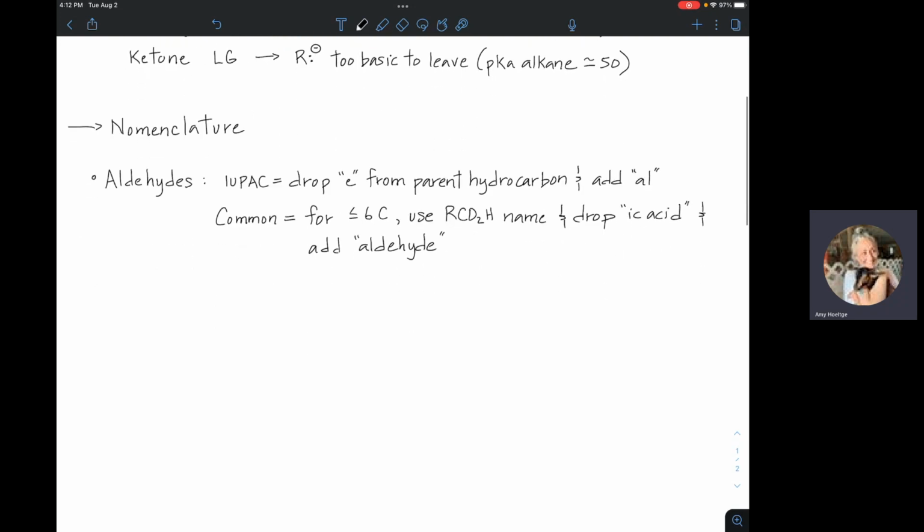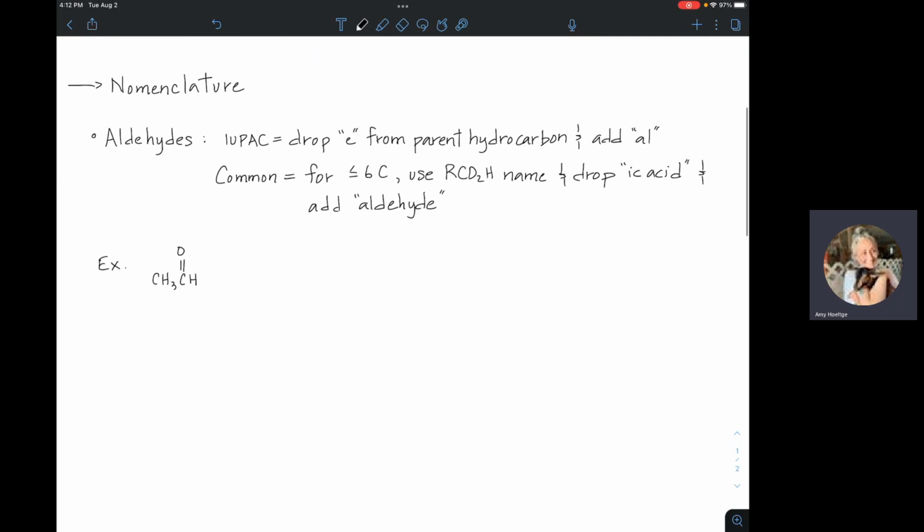Let's do a couple of examples. I could take something little, just 2 carbons. Z is an H, a hydrogen, for an aldehyde. If I use IUPAC nomenclature, I'm going to drop the E from the parent hydrocarbon. The parent hydrocarbon for 2 carbons would be ethane.